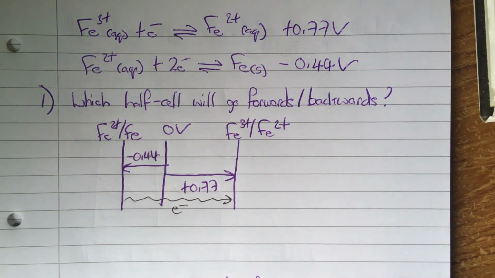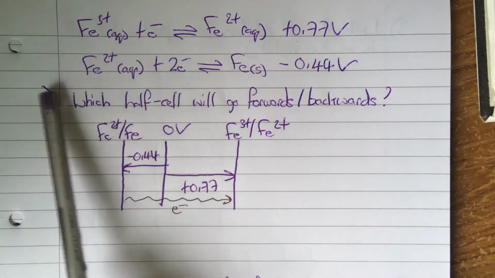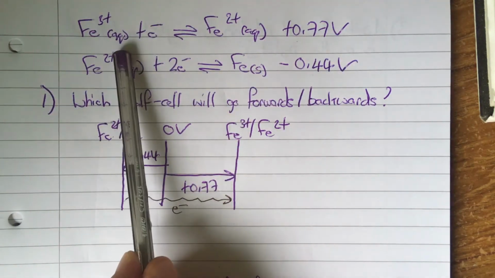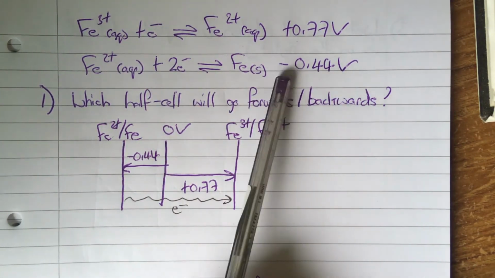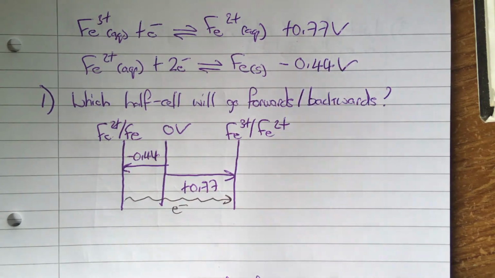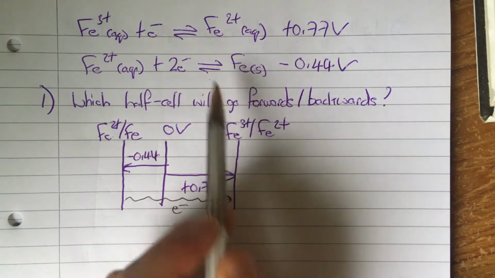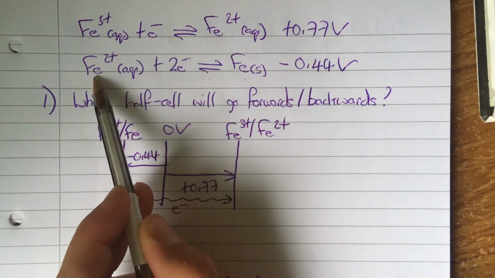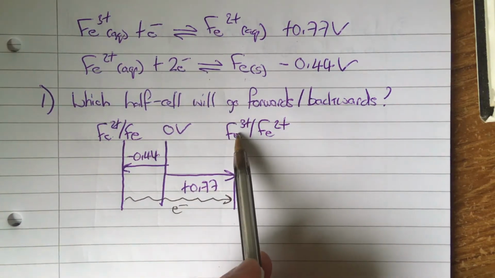So we know that electrons are going to flow from the more negative half cell to the more positive half cell. That means that the half cell that needs to be reversed is the more negative half cell. So what's going to happen in this half cell is that your iron is going to be oxidized to iron 2+, and it's going to provide the electrons to reduce iron 3+ to iron 2+.